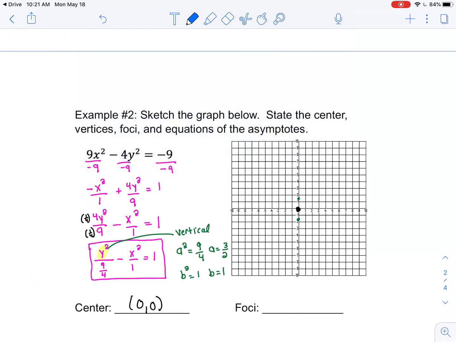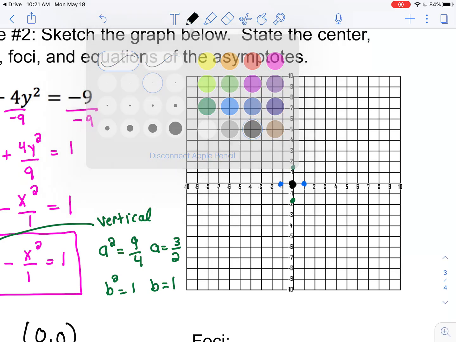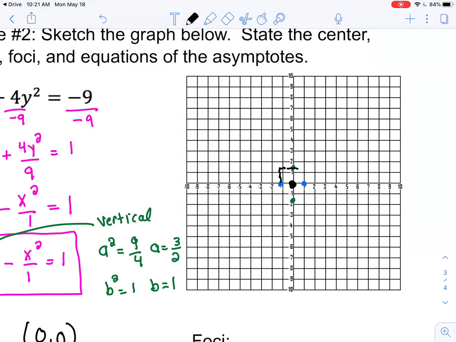My b value, or my co-vertices, are a distance of 1 away from the center, so I'm going to go over 1. Now I can go ahead and dash in my box. And I can dash in, going through the corners and the center, my asymptotes.